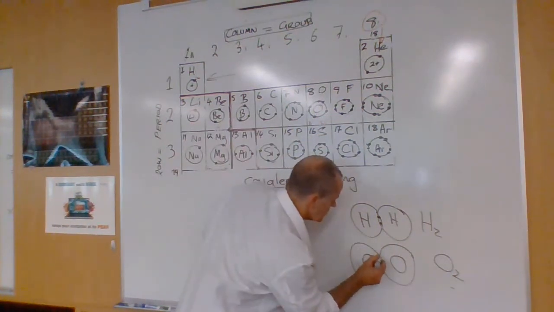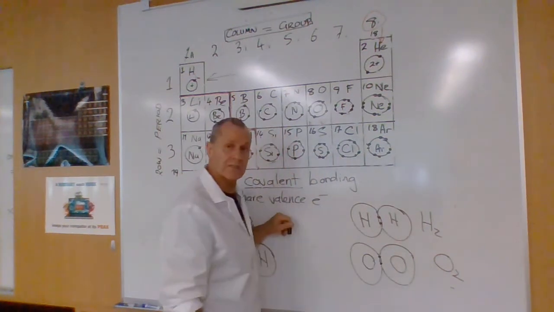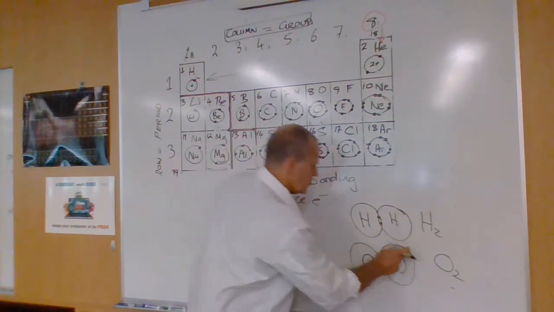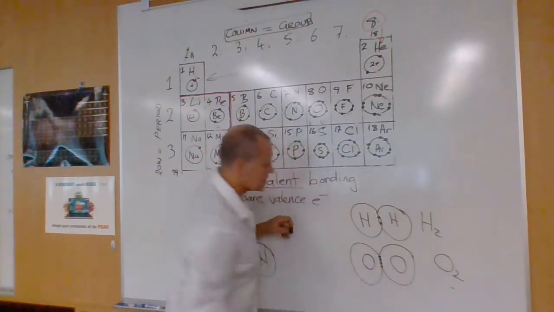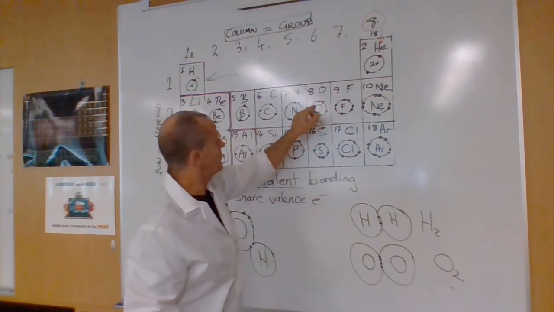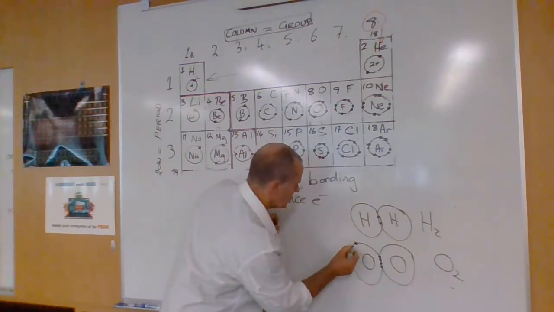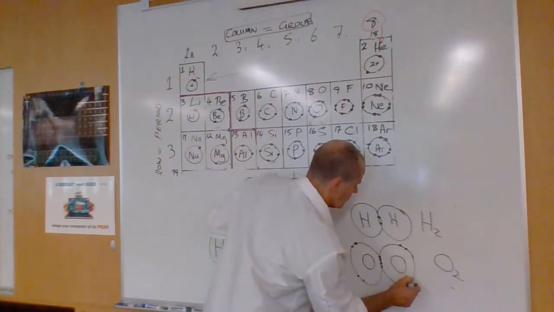So this oxygen needs to share 2 electrons with that oxygen. This oxygen needs to share 2 electrons with this one. So each one has shared 2, and there's 4 more that they normally have. This one also has 4 more.